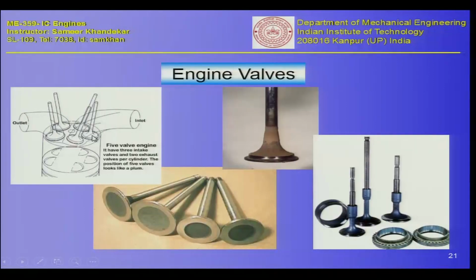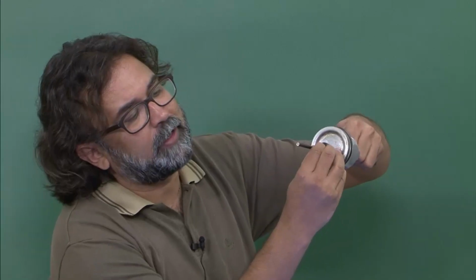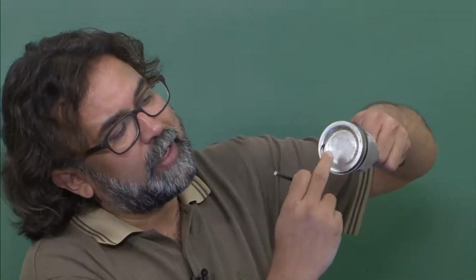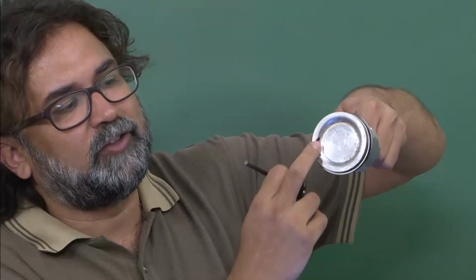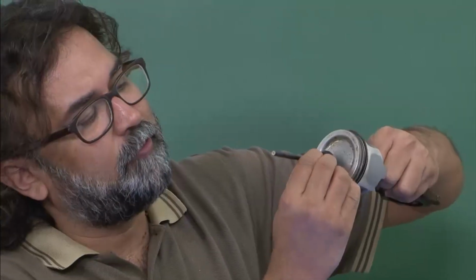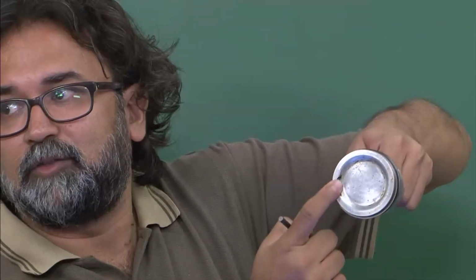In this piston you can see a small depression here where this valve can actually sit. So this piston can go all the way up, and the valve can sit in this small slot. This slot essentially serves the purpose of accommodating the valve in this space.